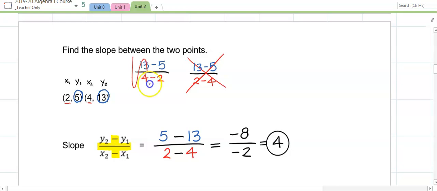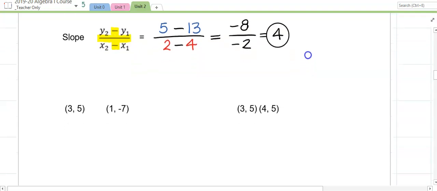So I encourage you to just put the line with the subtraction symbols, circle your y's, and drop them in the order you see them. 5, 13 over 2, 4. Just put them in and you will be less likely to mix up your slope formula. Let's practice.